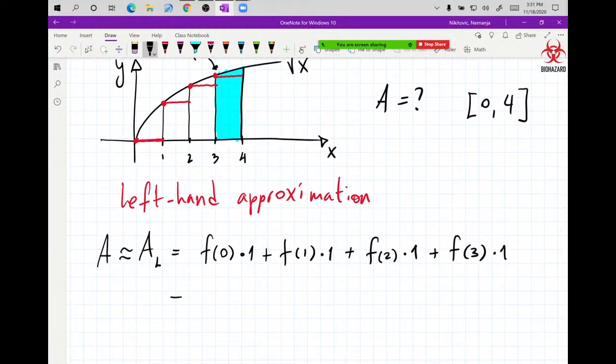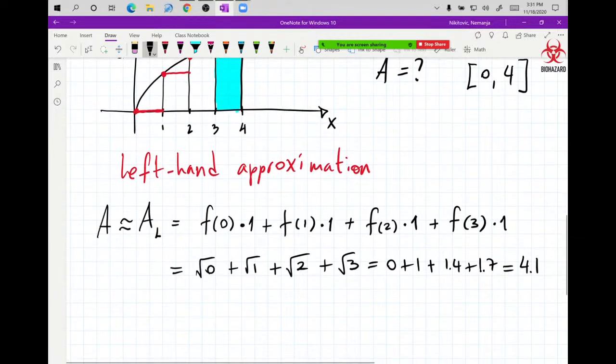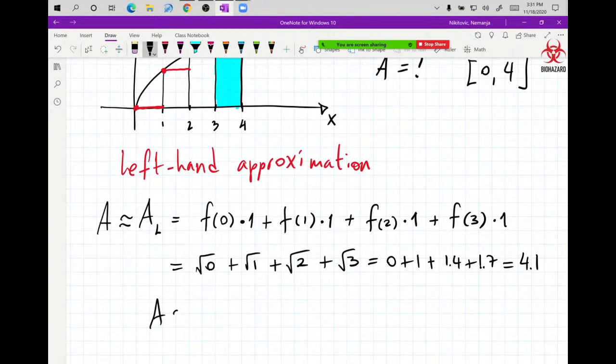So now this is square root of 0 plus square root of 1 plus square root of 2 plus square root of 3, which is 0 plus 1 plus 1.4 about, plus 1.7 about, and all of that stuff is 4.1. So we approximated that area is 4.1.